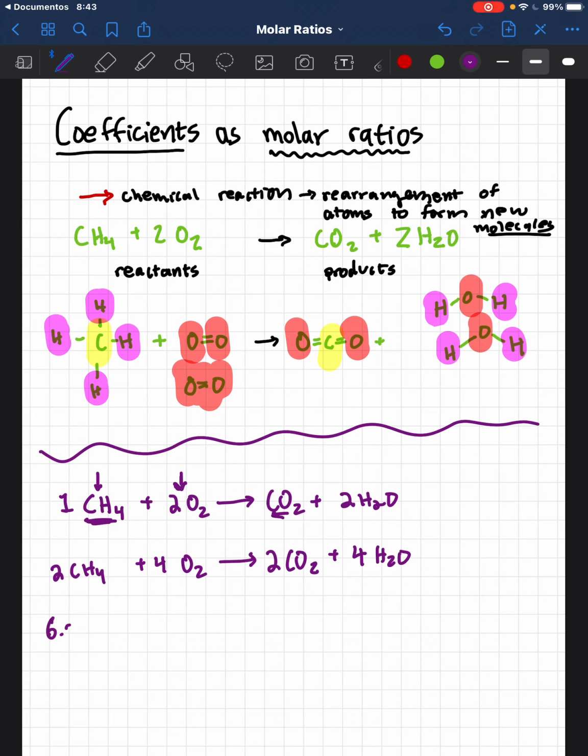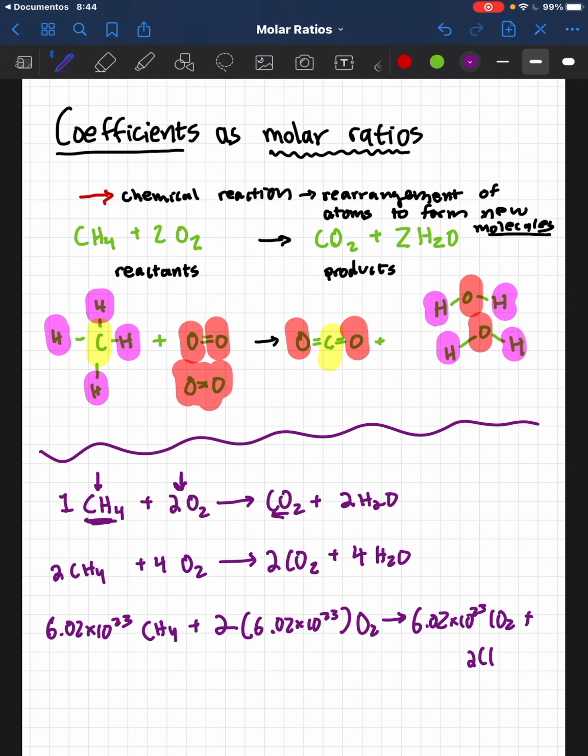Well, what if I started with 6.02 times 10 to the 23rd CH4 molecules? Well, then in order to do a complete reaction, I'd need 2 times 6.02 times 10 to the 23rd oxygen molecules, to produce 6.02 times 10 to the 23rd carbon dioxide plus 2 times 6.02 times 10 to the 23rd waters.